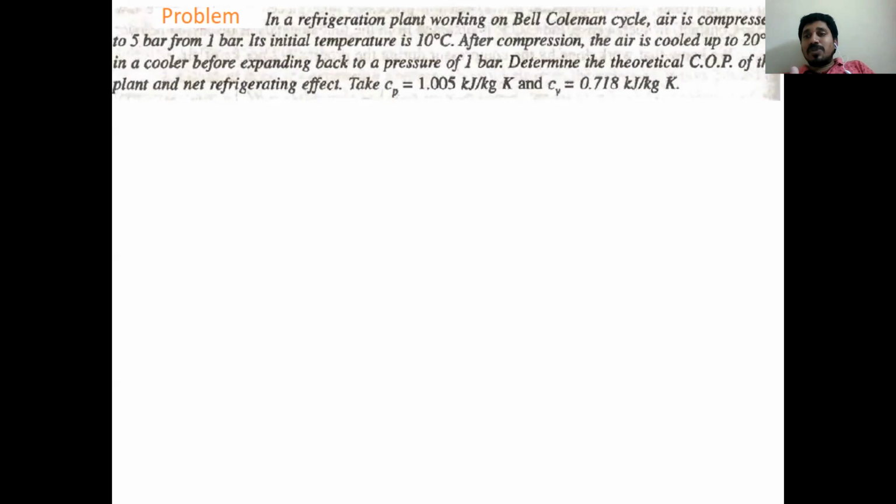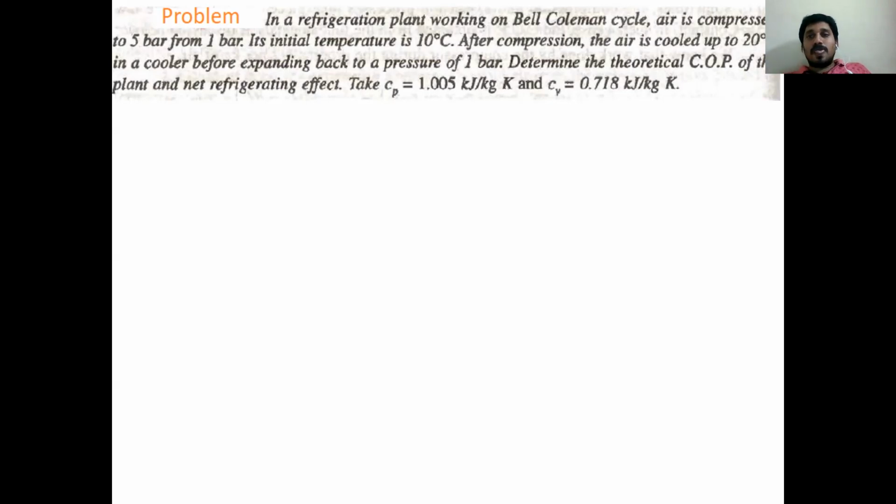At the end of compression, the temperature rises because of pressurization. Then it moves to the heat exchanger where heat is rejected to the surroundings. That's why the temperature drops. So at the end of the high temperature heat exchanger, the temperature value is 20 degrees Celsius.